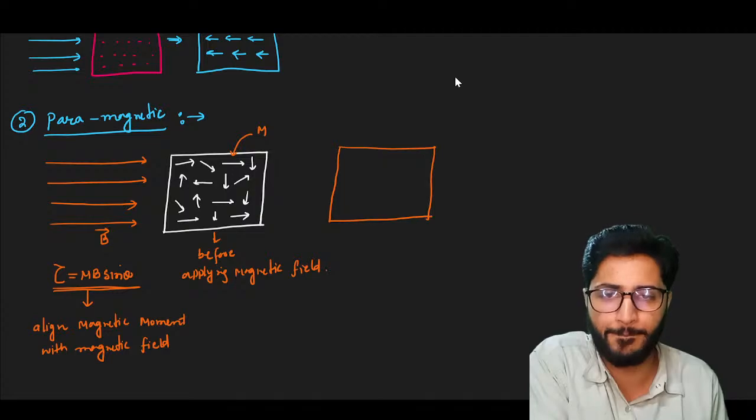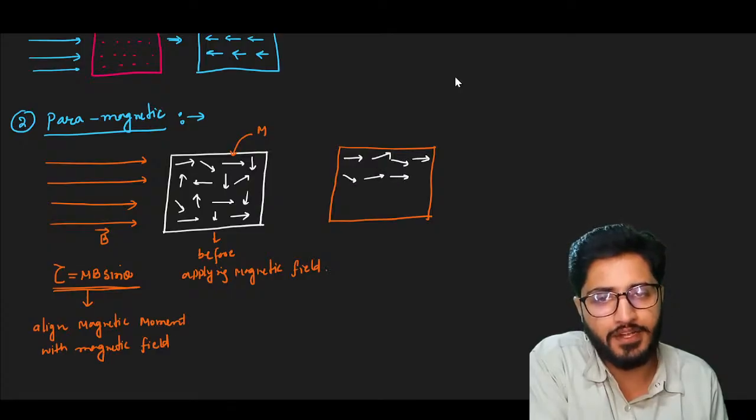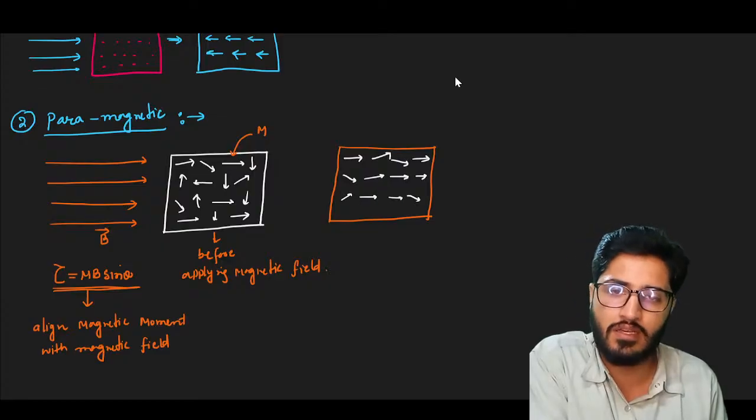Look. They will align, but not fully, not entirely. They try to align the magnetic moment in the direction of the magnetic field.